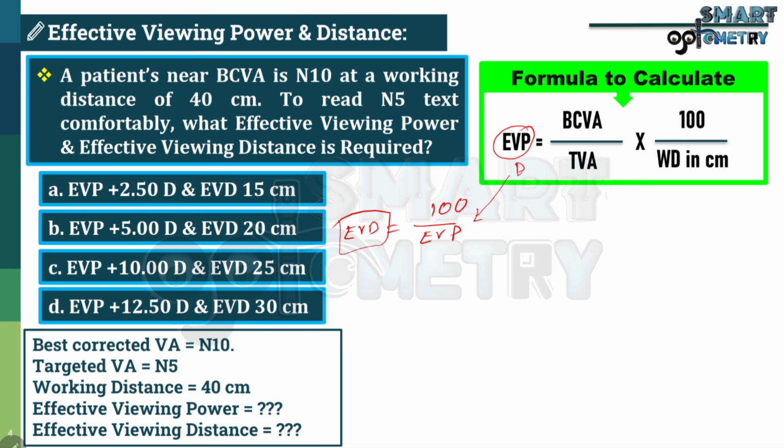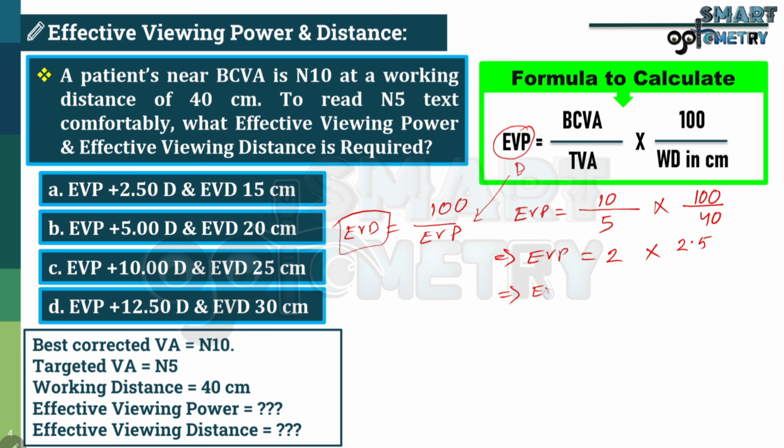Now effective viewing power equals, our best corrected visual acuity is 10 and targeted visual acuity is 5 multiplied by 100 divided by working distance, which is 40. For effective viewing power, if we divide 10 by 5, it will become 2 multiplied by, if we divide 100 by 40, it will become 2.5.